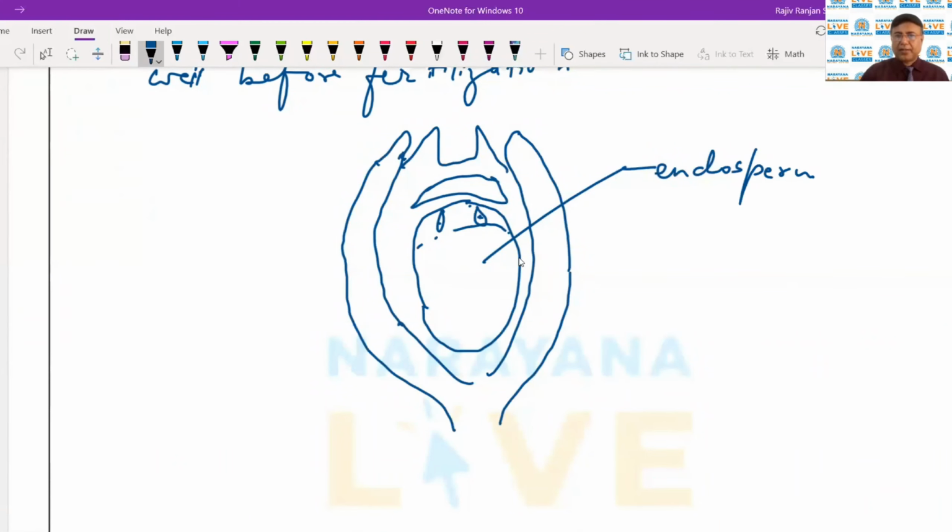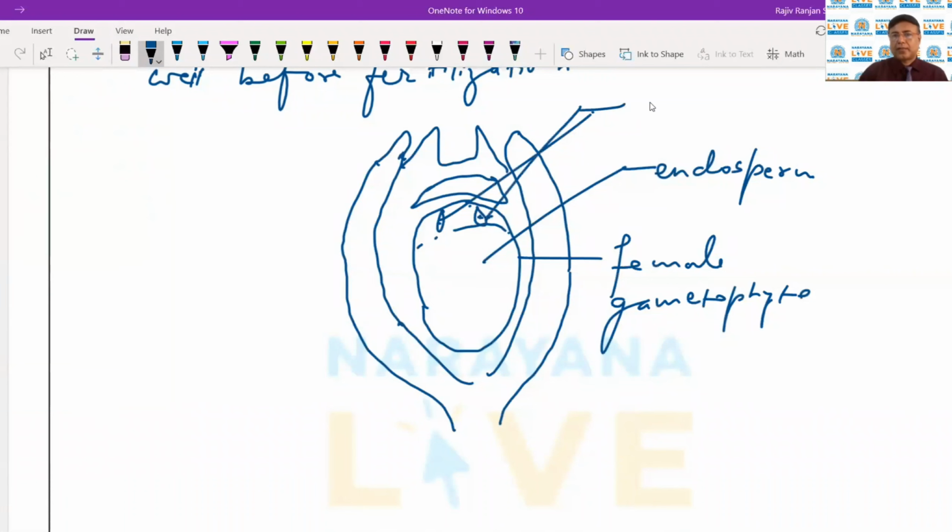So it is the female gametophyte. These are archegonia. So this entire part is called the endosperm.